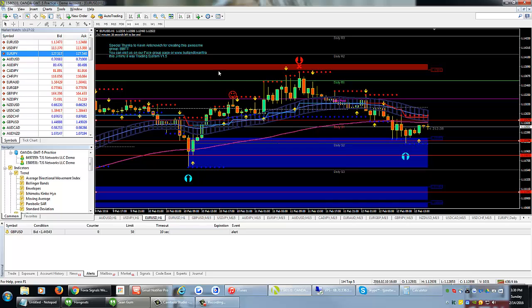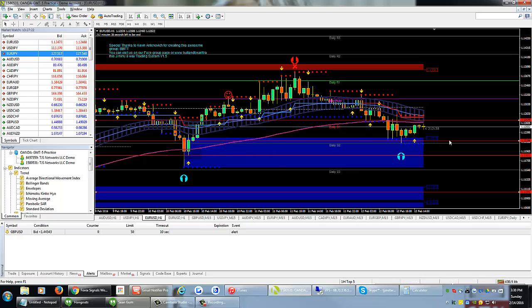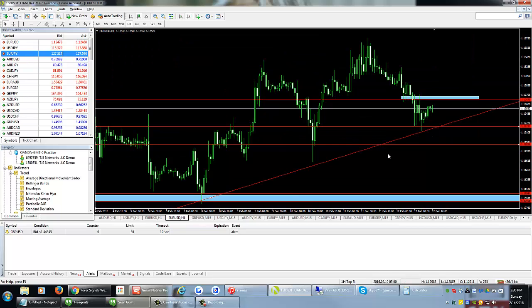So you can use this all together to help you filter out the trades. But my thought process behind doing it this way, and this is a 1-hour chart obviously with Jimmy's 8-way system, was that I thought it might be helpful if you draw out zones and then just plot scenarios.